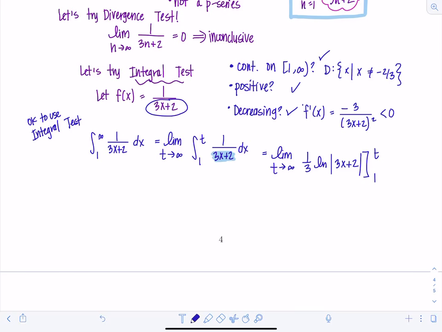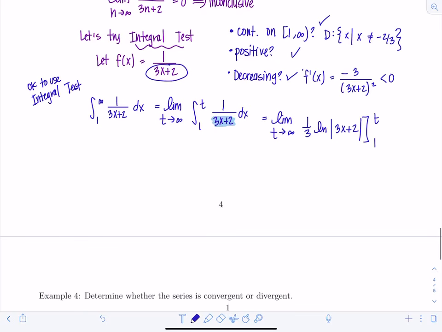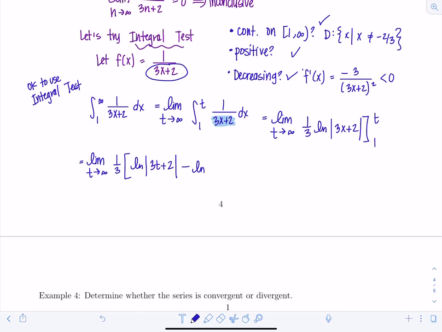All right, and then now I'm going to substitute in my limits of integration. So this is the limit as t approaches infinity of 1/3 times, we have natural log of the absolute value of 3t plus 2 minus natural log. If I substitute in 1 for x, that's going to be 3 plus 2, so ln of 5.